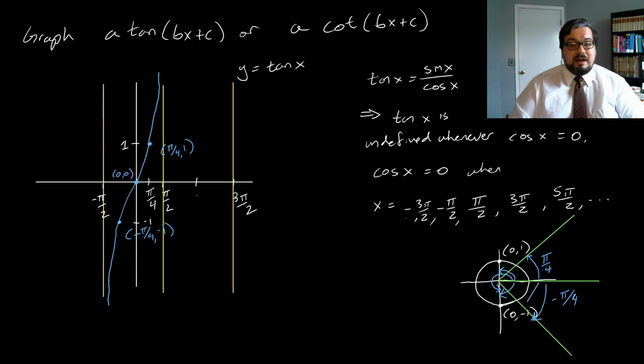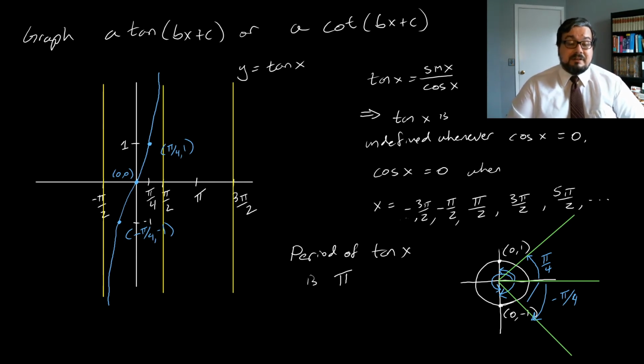Tangent has a period of pi. So the period of tangent x is pi, which is going to play into how we determine the periods for our translated functions pretty soon.